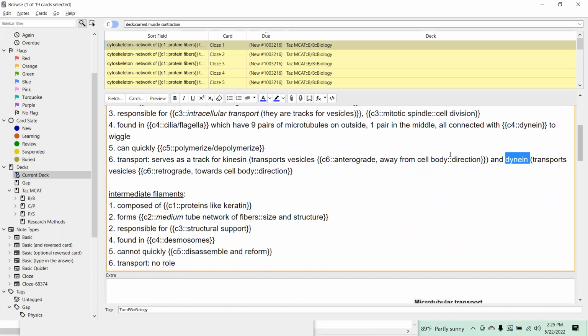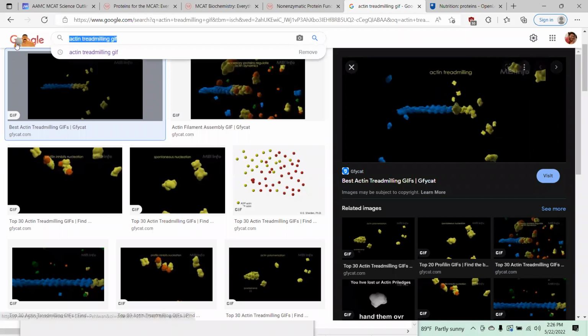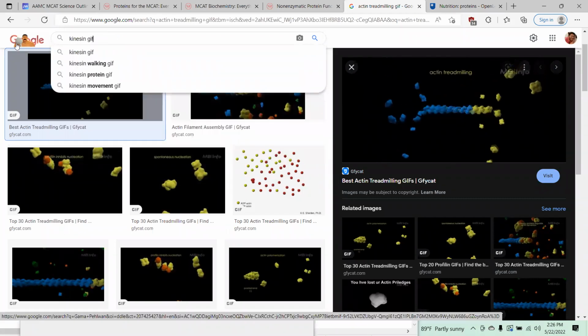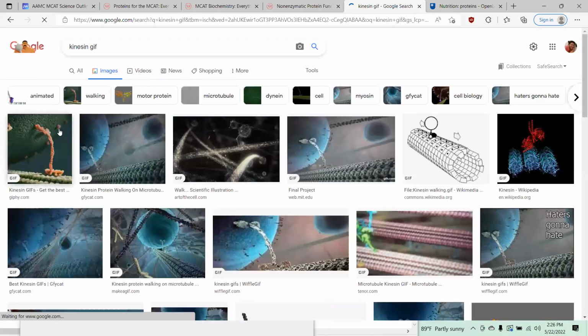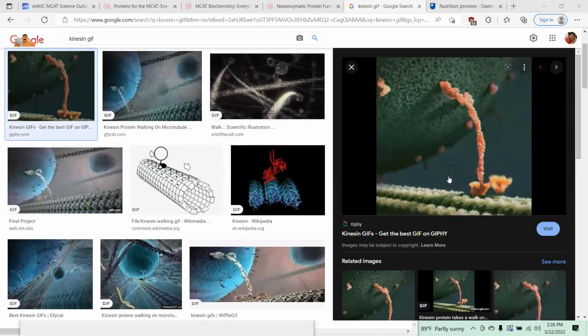I actually don't know how to pronounce these properly, but these guys are that funny little GIF that you might have seen. This thing, where it looks like it's just walking along.